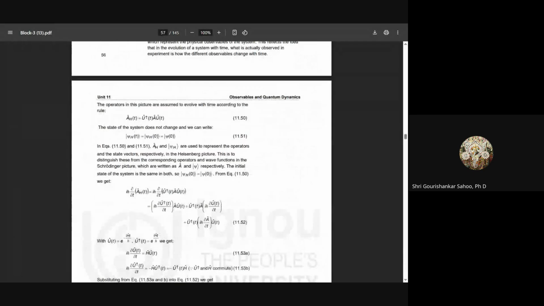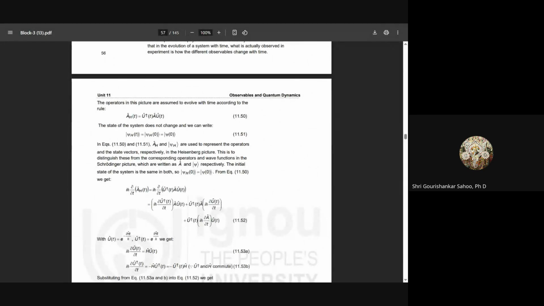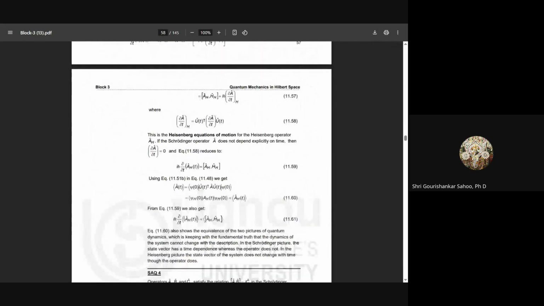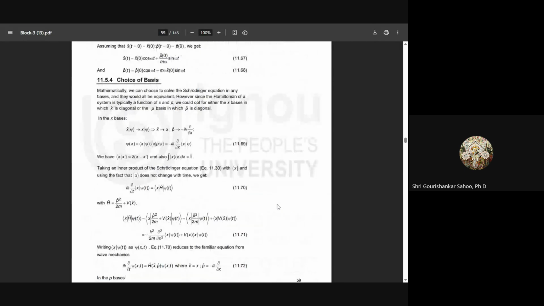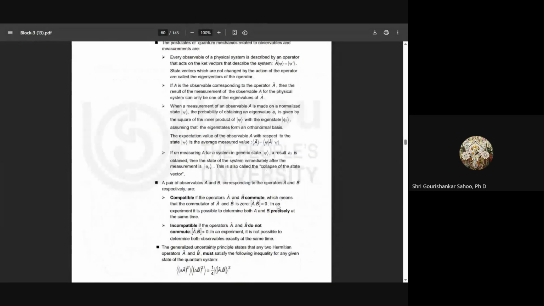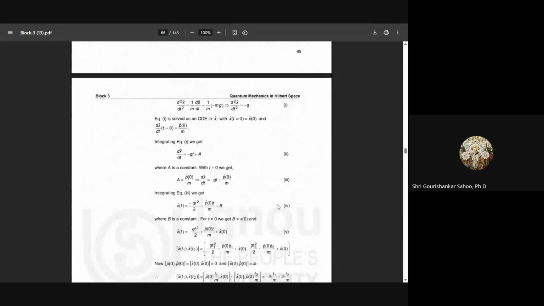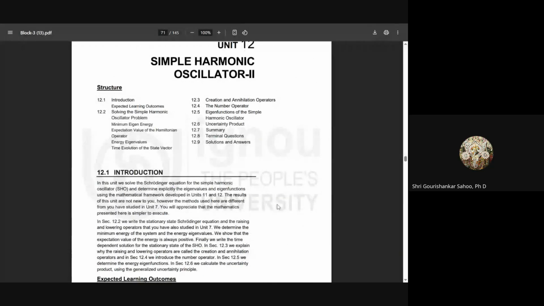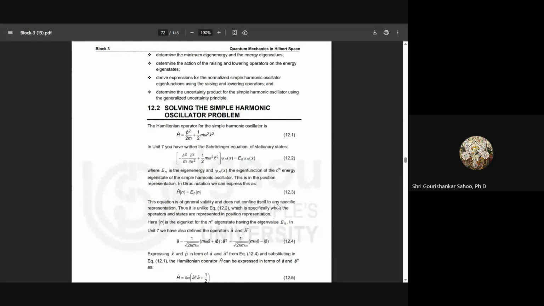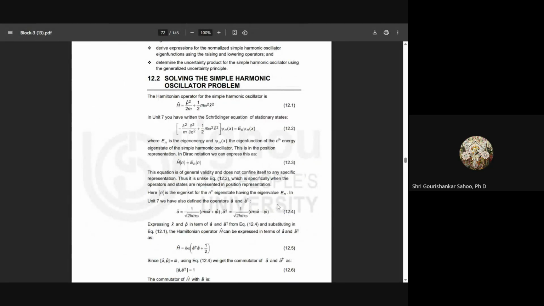In the Heisenberg picture, you can see that A cap H(t) is equal to U cap dagger A cap U. If you solve it, then del A cap H by del t is equal to U cap dagger del A cap by del t U cap. So this is the Heisenberg equation of motion. Then you can choose the basis as per your convenience and according to the rules. Then there are some problems which you can solve in Hilbert space.